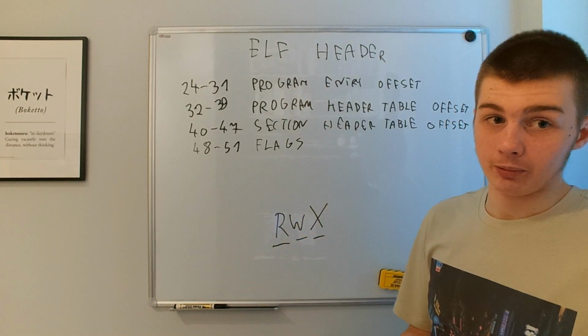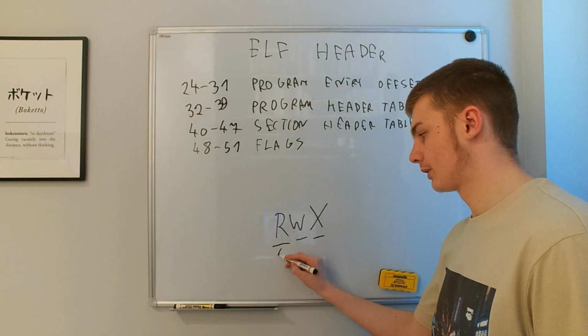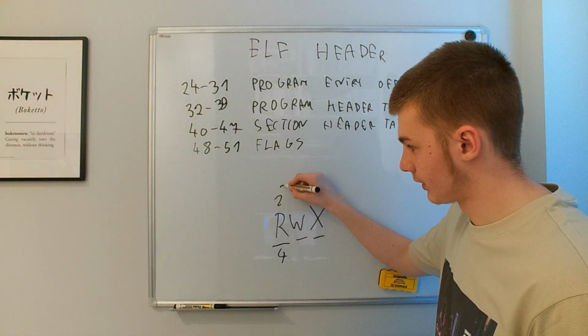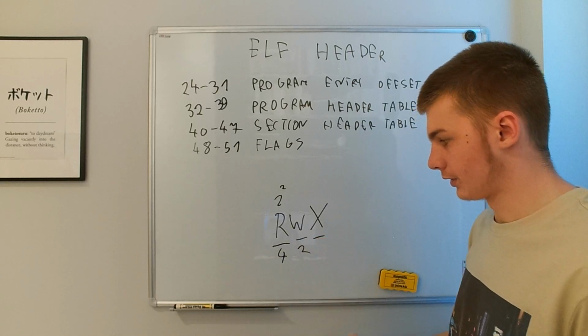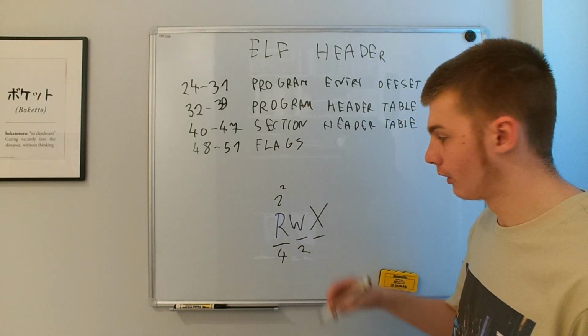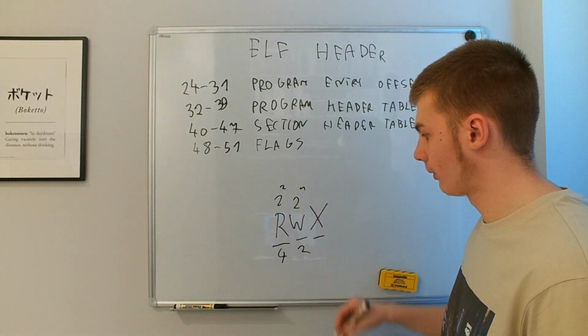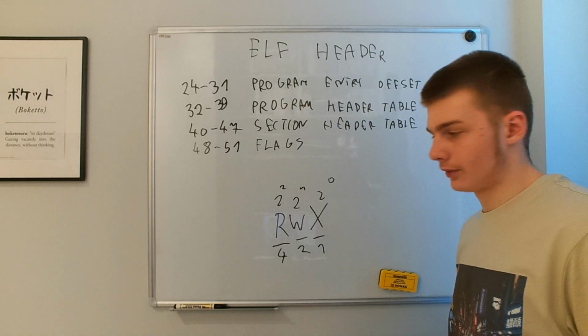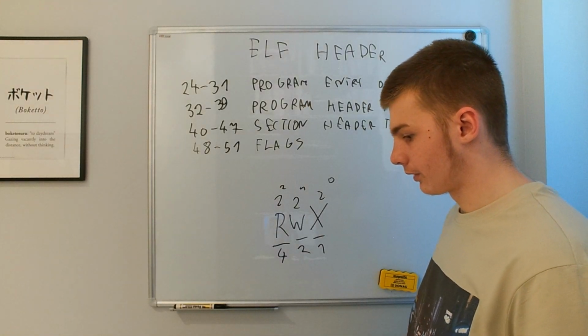And because of the way the binary works, read is going to correspond to the value 4, because it's 2 to the 2nd power. Write is 2, because it's 2 to the 1st power, and x is 1, because that's 2 to the 0th power. And you can sum those, right?